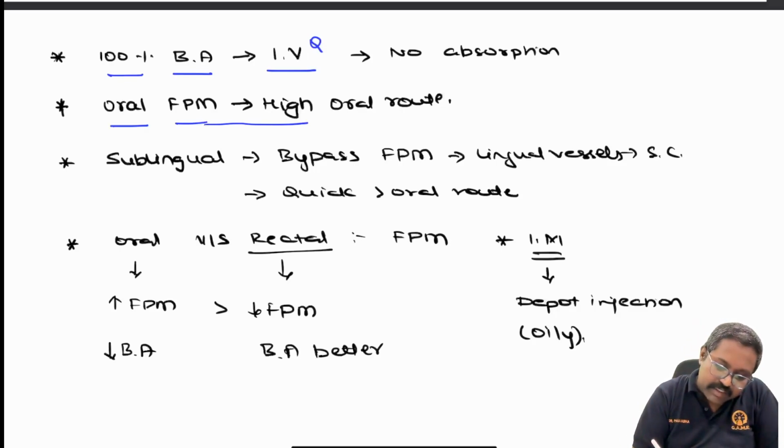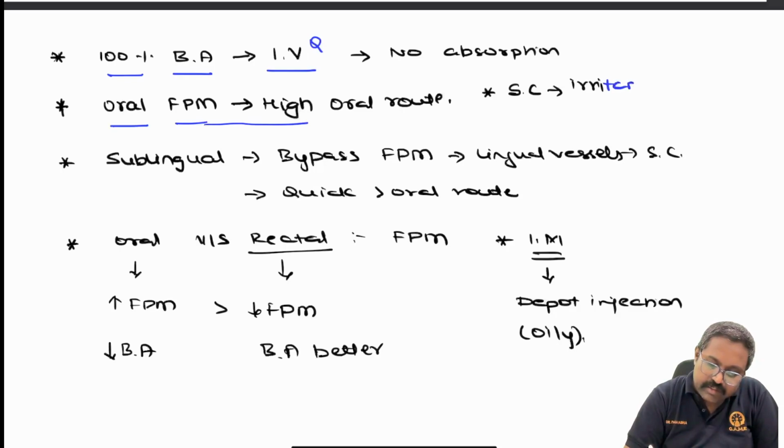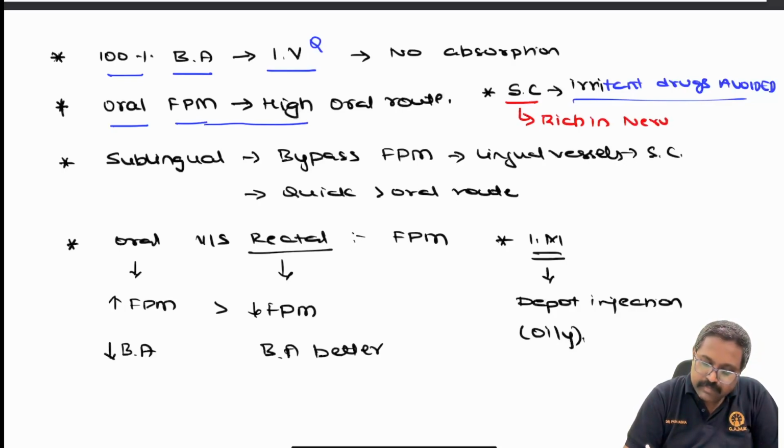One more question you can expect is, whenever you give a drug through the subcutaneous route, irritant drugs are avoided. What is the reason for avoiding irritant drugs? Because the subcutaneous space is rich in nerve supply.